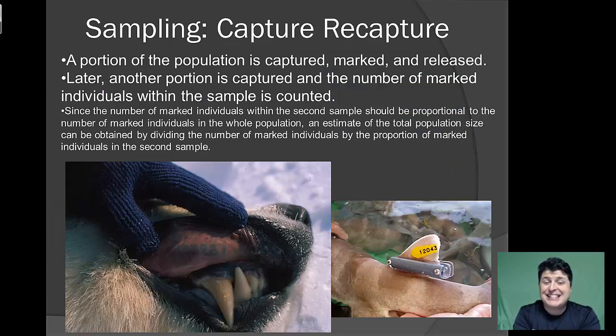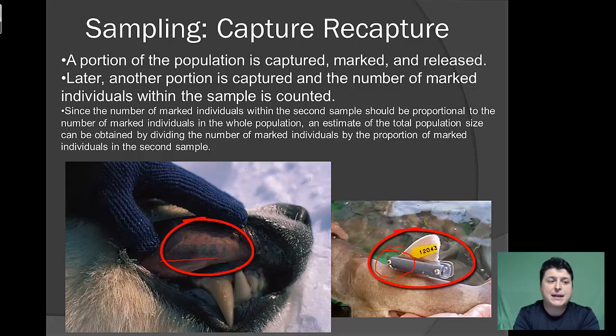Quadrat sampling is excellent for plants and animals that don't move around a lot. But for animals that move a lot, we need another technique. And in this case, we'll use the capture-recapture method. With capture-recapture, you're going to have a portion of a population that will be captured, marked, and then released. The mark could be a tattoo or a radio tag.